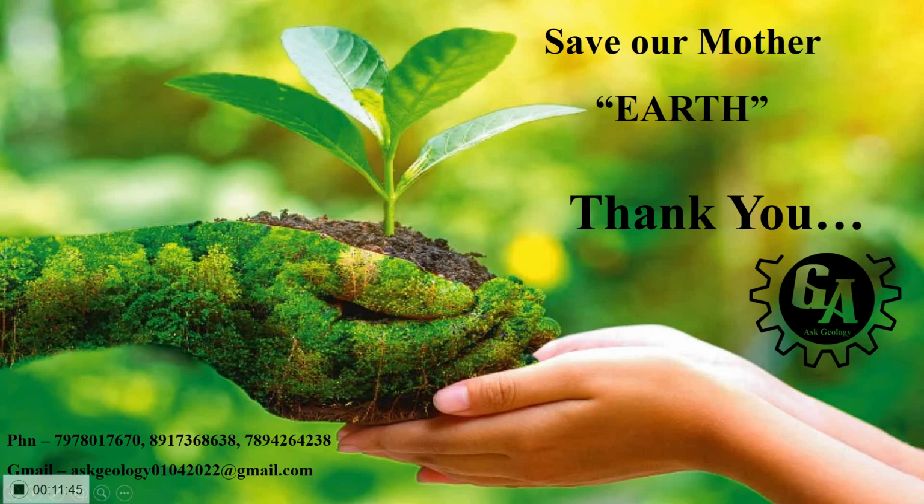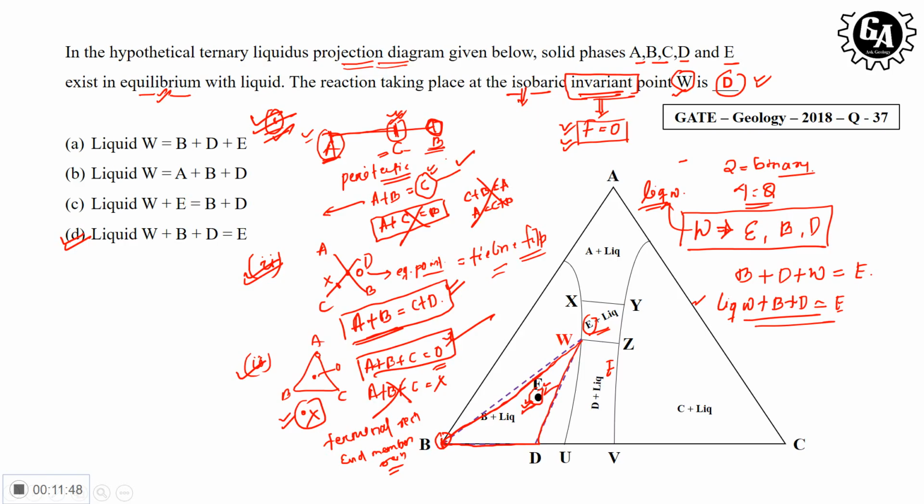I just want to say one another thing, how you will know whether it is a crystallization or a melting. Whether it is crystallization or melting, actually they have not given any kind of sign of the direction of the reaction.